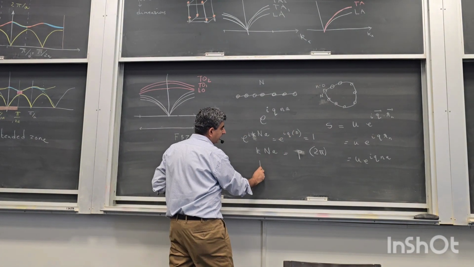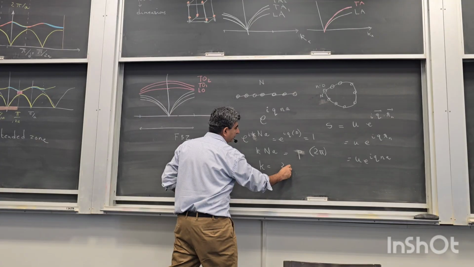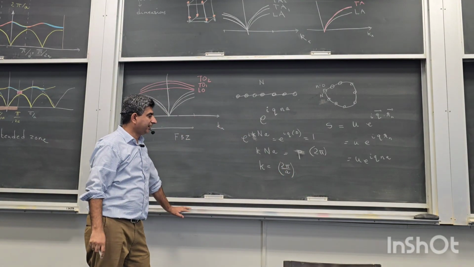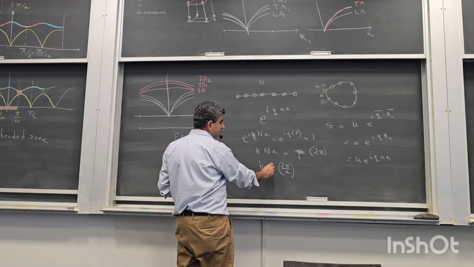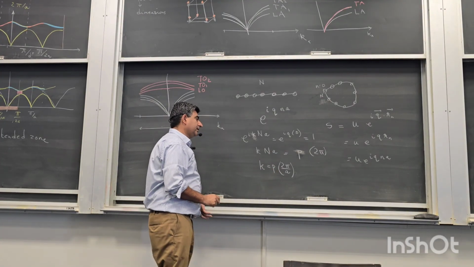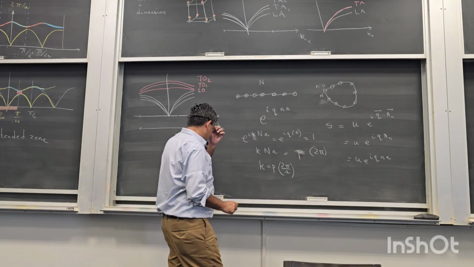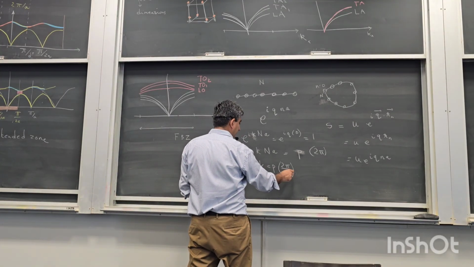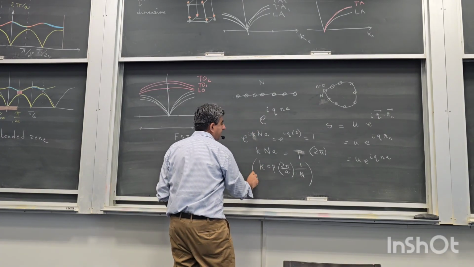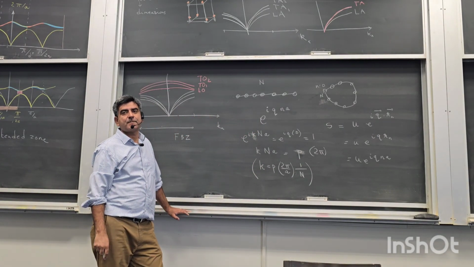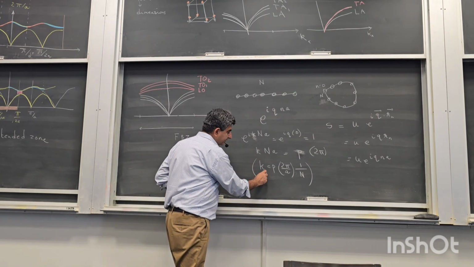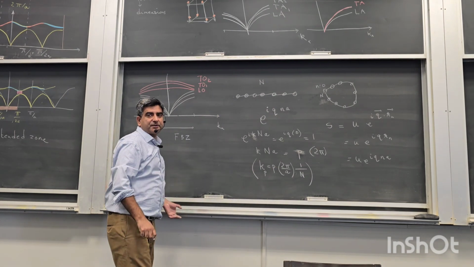This means that k is 2 pi over a, which is really the length of the reciprocal lattice vector, times p, an integer, over N. So this k is now indexed by this integer p.